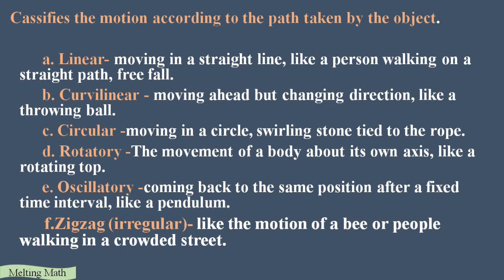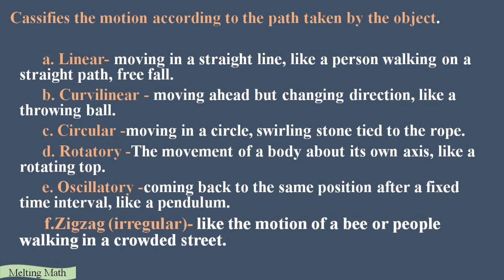Next one, circular motion: moving in a circle, like swirling a stone tied to a rope. They give this example, but in our surroundings there are so many examples of circular motion. The best example is our fan. It's a circular motion. It's fixed at one point and rotates. Fan is also a good example for circular motion.